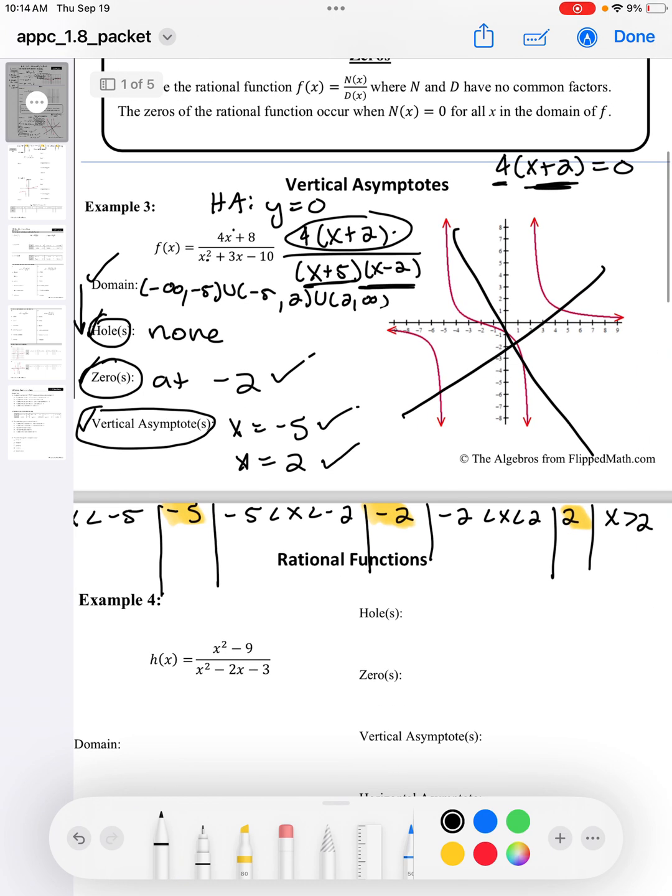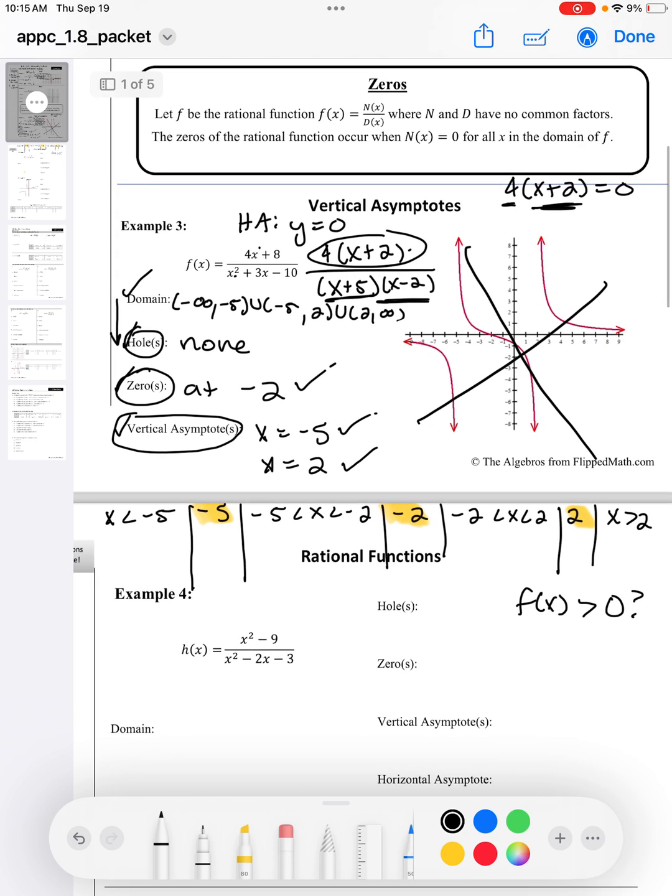Like for example, let's say it said, where is the function greater than 0? Right? And you were not given a graph. How you'd figure it out is you'd make a sign chart. So let's fill in what's happening at those key points. -5 and 2 are vertical asymptotes, so they do not exist.